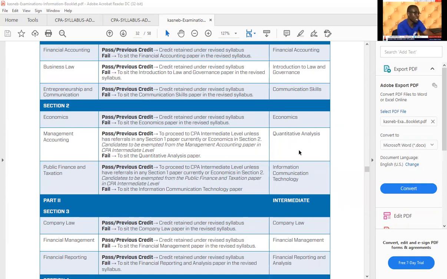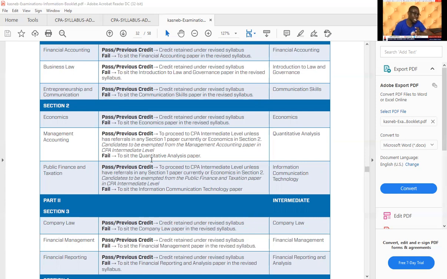Management accounting has been substituted by quantitative analysis in section 2. In the event that you had passed management accounting earlier on, you're going to maintain your credit. In the event that you have failed management accounting in section 2, my good students, you will not do management accounting again. But instead, you're going to do quantitative analysis.